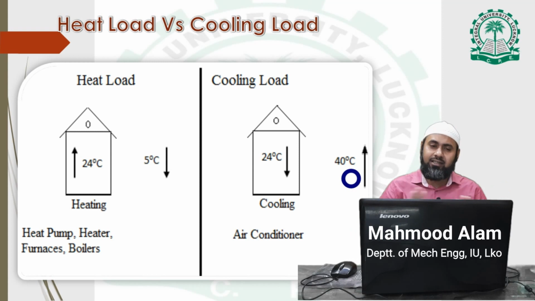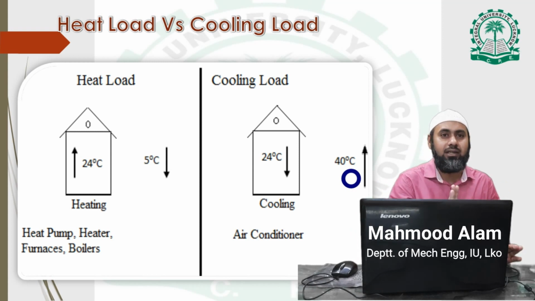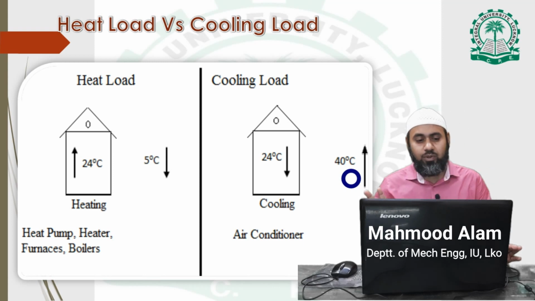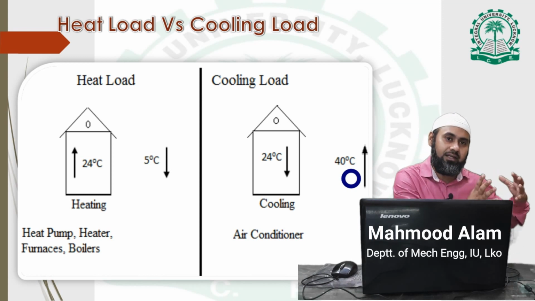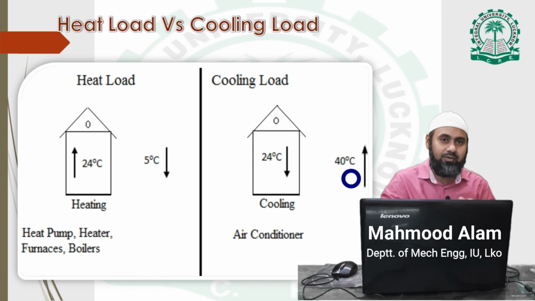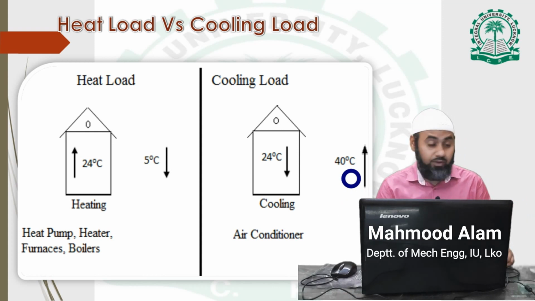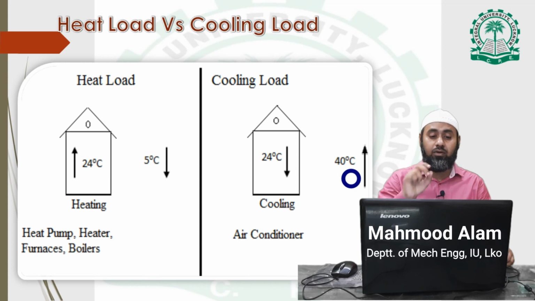It doesn't affect anything. The concept should be clear: what is the heat load and what is the cooling load. We can use either term, but the concept is most important, whether the heat load or the cooling load is being calculated. So this was the basic concept of heat load and cooling load.